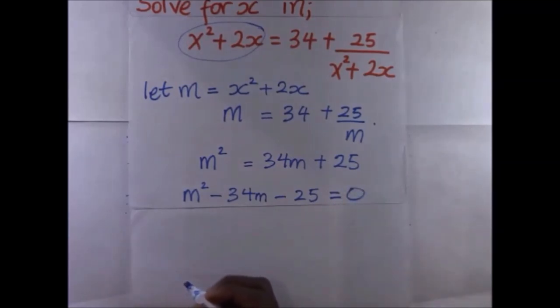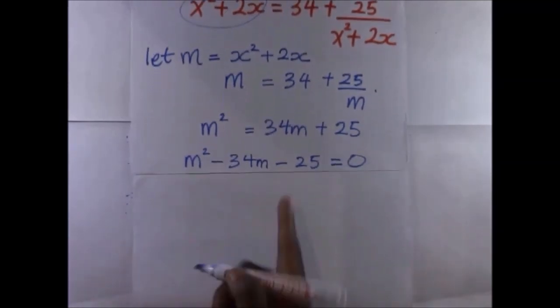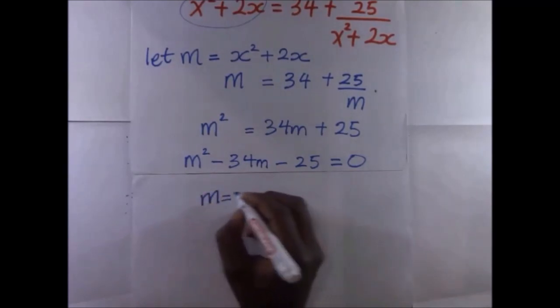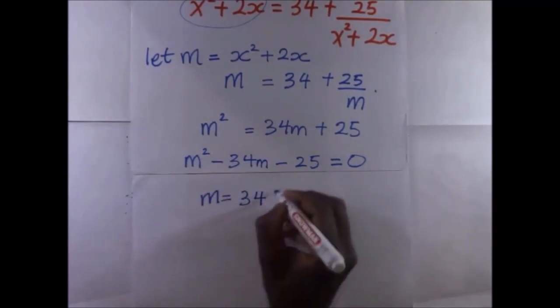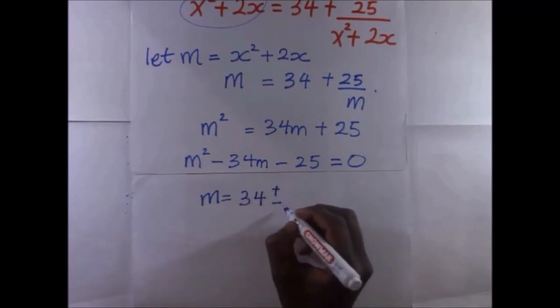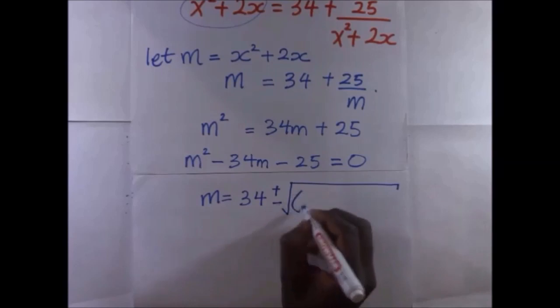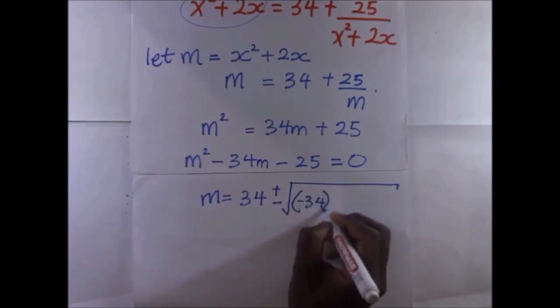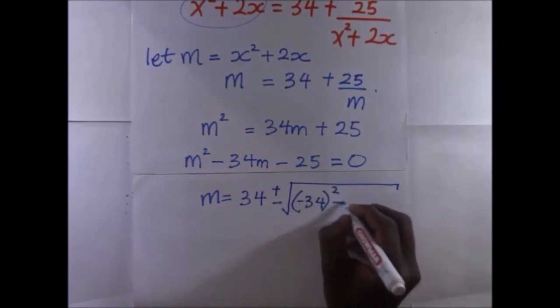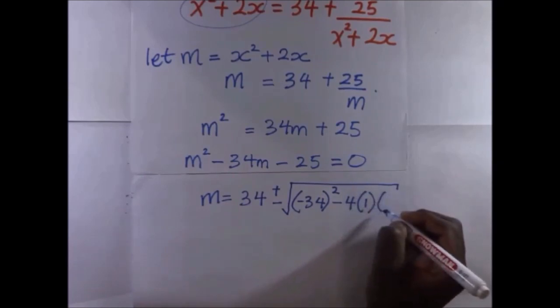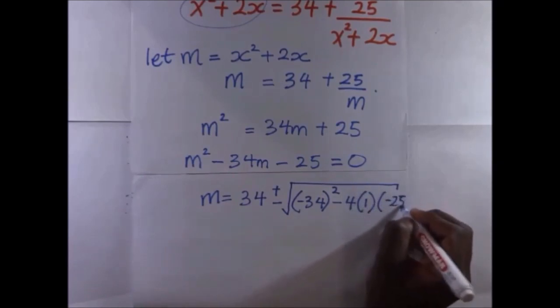So when all that is equal to 0, then solving for the value of m, m is going to be equal to 34 plus or minus the square root of 34 squared minus 4ab, where a is 1 and c is negative 25.